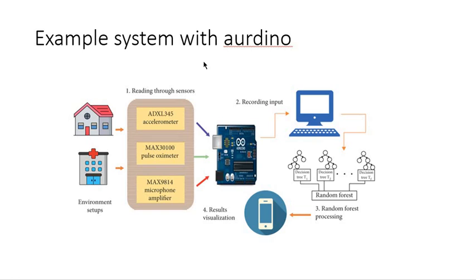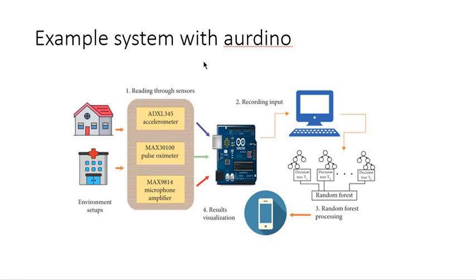The MAX30 pulse oximeter is used in most cases because it is easier to use with Arduino, and we are going to use the MAX98 because it has an automatic analog to digital converter in it.